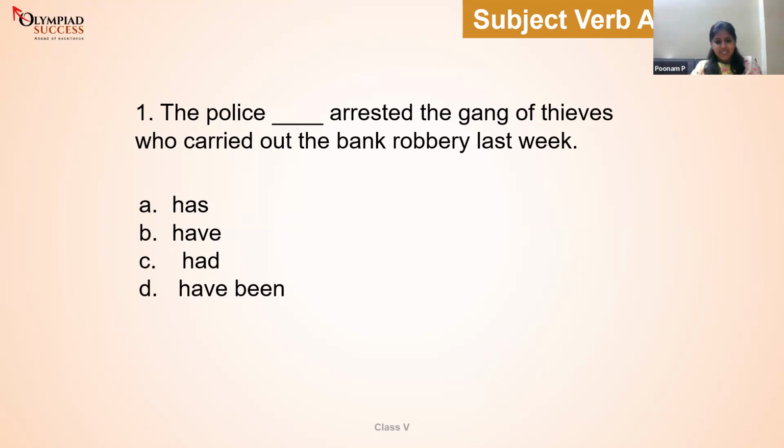No. Please remember, first recognize the subject in the sentence and then look at whether it's plural or singular.